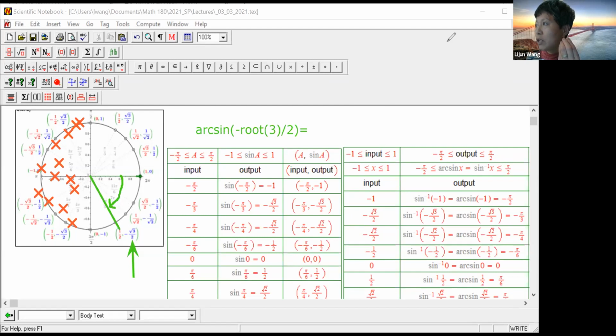So the answer is -π/3, and that's your answer. How many answers do you have? One and only, because all of these are 1-to-1 functions. Whenever you use arcsine, your answer is always one and only.